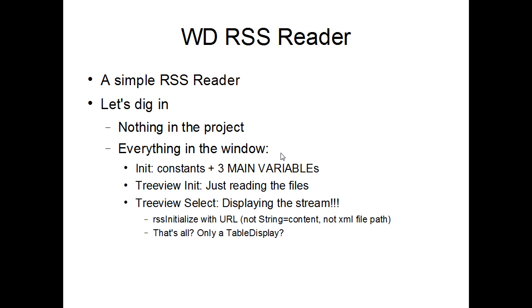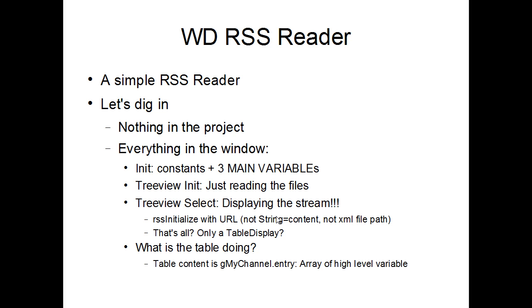Okay, at this point, we know that the tree view is just a list of RSS feed. We know that when clicking on a stream, we are getting the stream in basically 2 lines of code. We know that even perhaps more powerful, the table is doing the whole work automatically by linking to an array inside a variable of type channel.